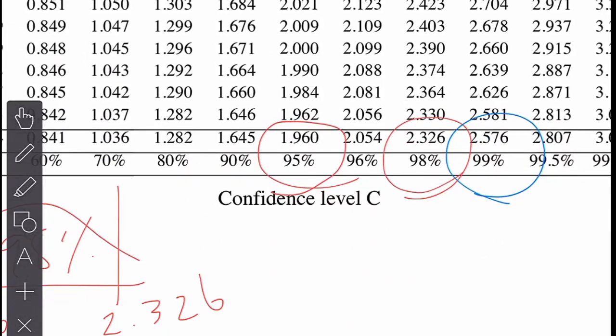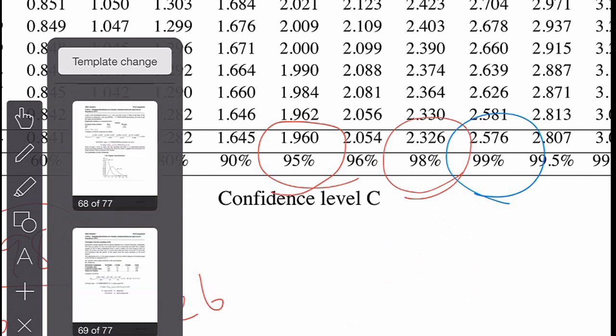It is going to be 1.96, very close to 2. It's more precise to 3 decimal places on this table. You would round it to 2, but we want more precision, so we're going to use 1.96. So, going back to what I was doing.